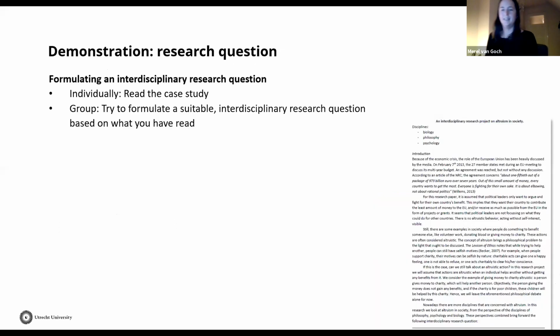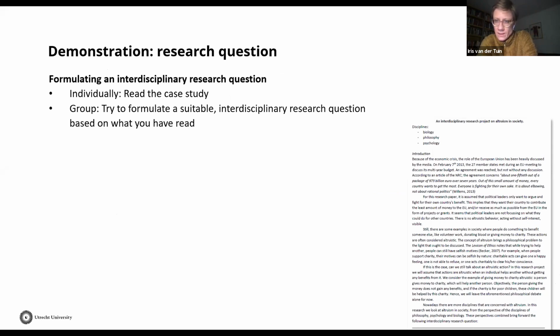Yes. So what we're going to do here today is we're going to focus on the first phase of our pressure cooker, because we thought that was the most suitable for the time we had available. So you will be sent to breakout rooms in just a minute, and you will get to read the altruism case study.